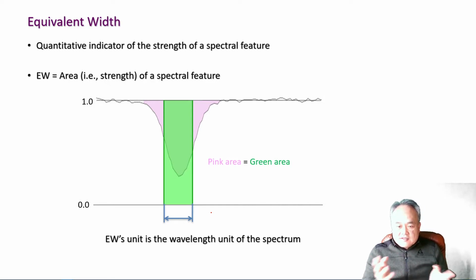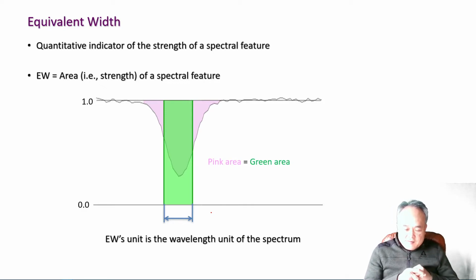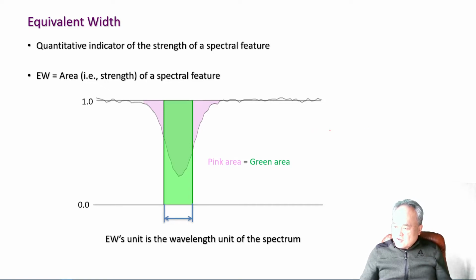So the equivalent width is the typical, most general term used in astronomy to denote the strength of a spectral feature. The spectral feature can be either an absorption feature or an emission feature as well.